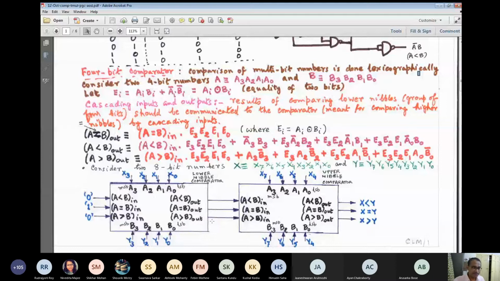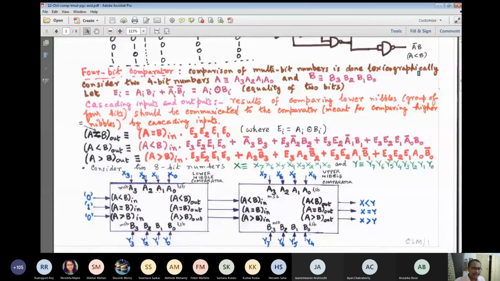Regular means what? Regardless of whether I am comparing 8-bit numbers or 12-bit or 16-bit, the overall connection will remain the same. That means only at the least significant end, you need to put it directly to ground, the middle one directly to logic 1, and the lowest cascading input directly to ground. And then whatever is inside is common for both.